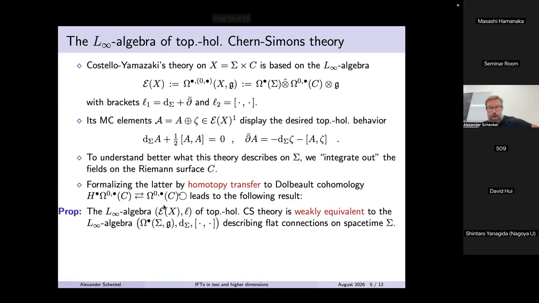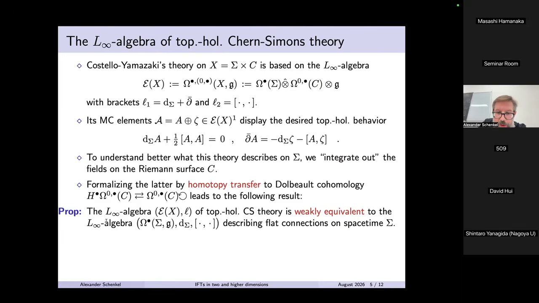So if you do that now, you can show that this L-infinity algebra up here, based on the de Rham and Dolbeault forms and this bracket, is weakly equivalent to a quite easy L-infinity algebra, namely the L-infinity algebra of forms on space-time with values in G, the Lie algebra, and just the de Rham differential and the bracket.